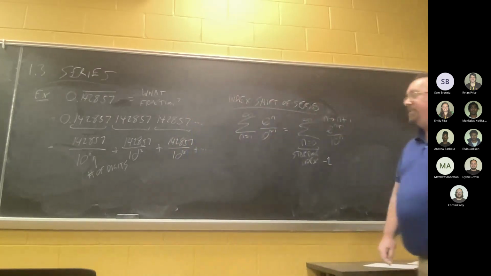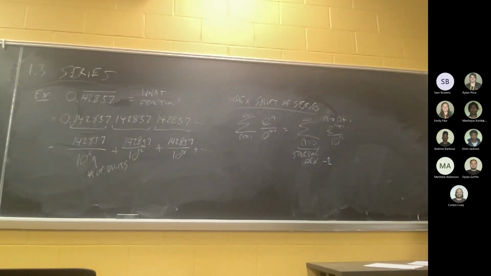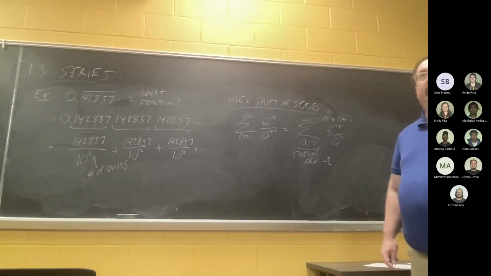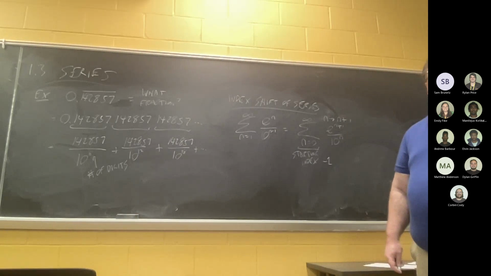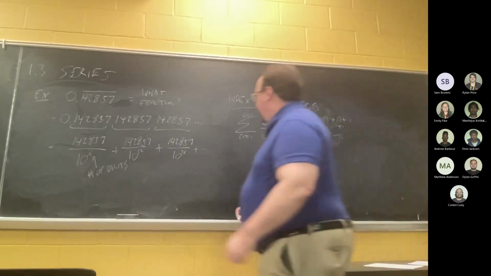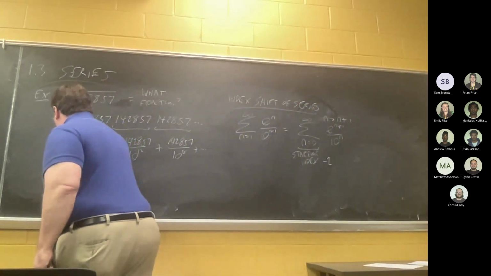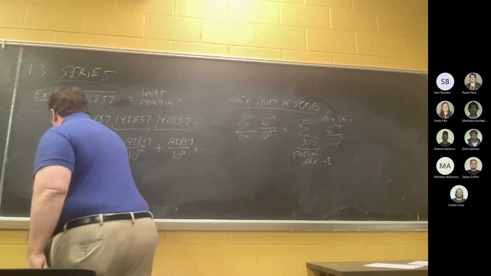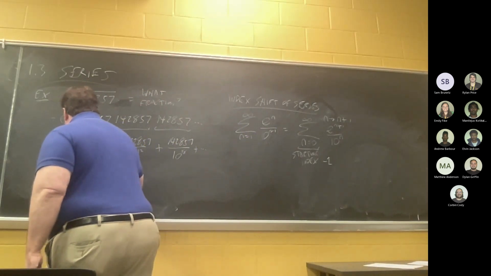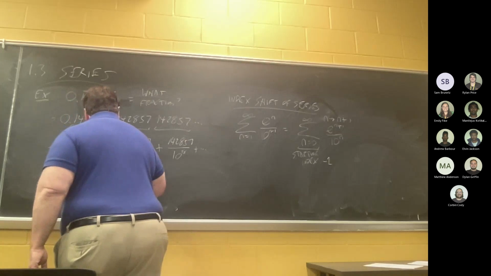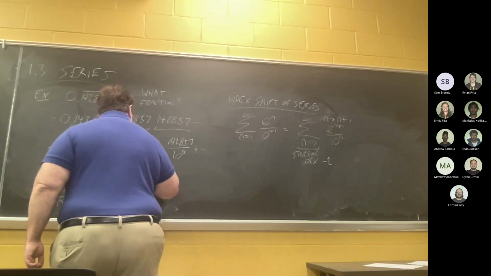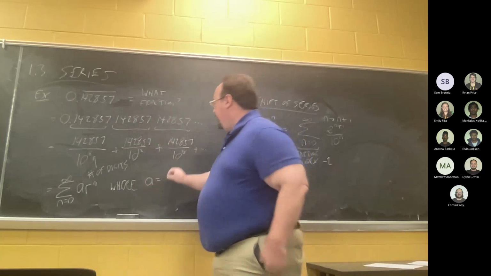So now you can use this description of the number to figure out what geometric series you're dealing with. What is A, what is R? So this is a sum of A times R to the n, where A is going to be the first term.